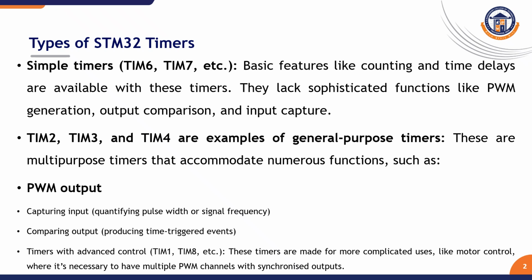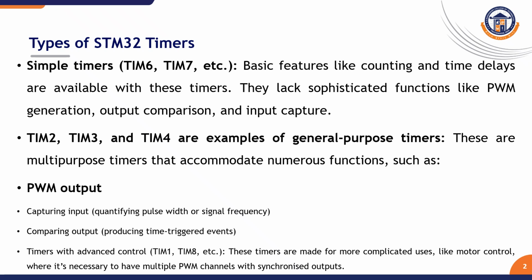For example, timer 2, 3, 4 are the general purpose timers, which are multi-purpose timers providing a number of variable functions such as pulse width modulation output, capturing the input, measuring pulse width or signal frequency, comparing the output, and a timer with advanced controller. So STM32 timer 1 is the advanced timer control.